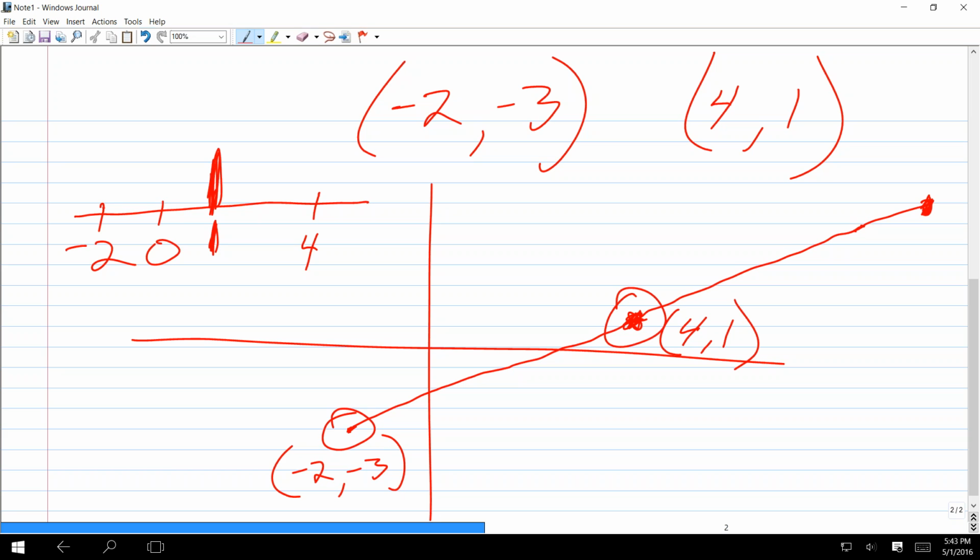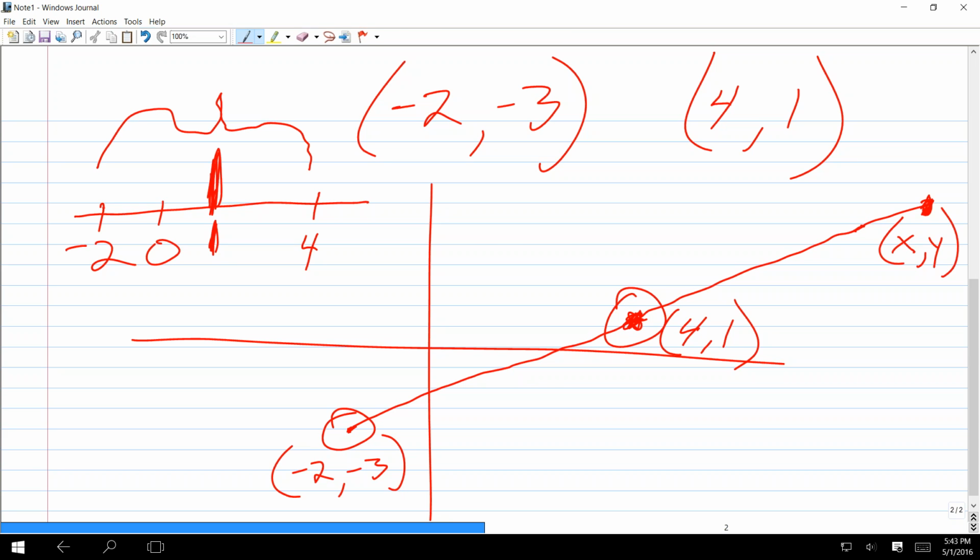Would it just be 3, 2? Or no? Remember that whatever it is, the x-coordinate has to be the same distance from 4 as 4 is from -2. So how far away is 4 from -2?